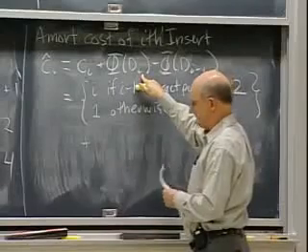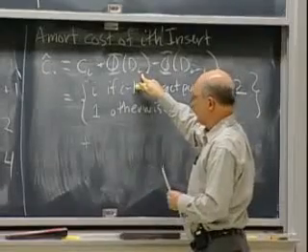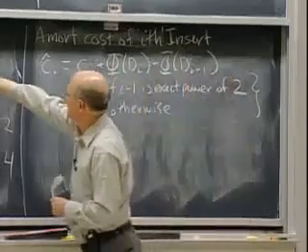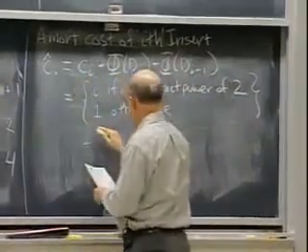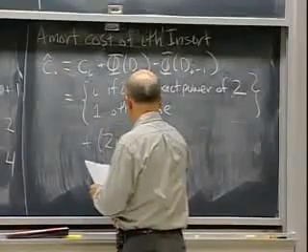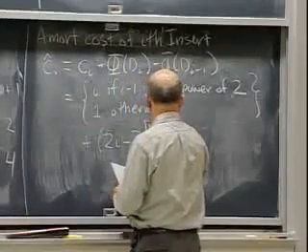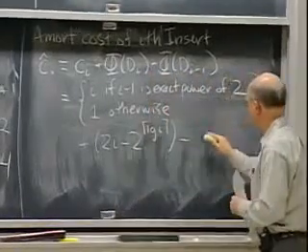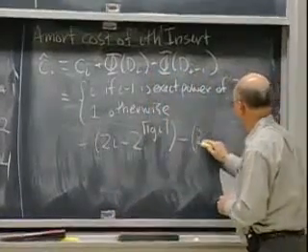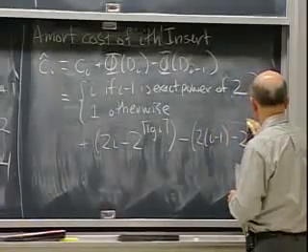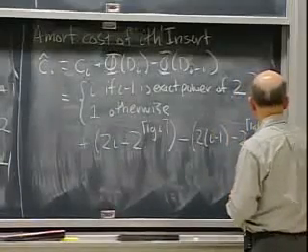So what is that? Phi of di is this business: 2i minus 2 to the ceiling of log i, minus 2(i minus 1) minus 2 to the ceiling of log of (i minus 1).